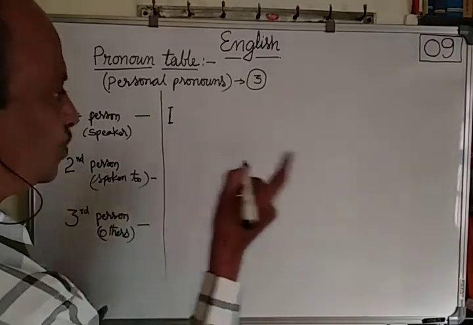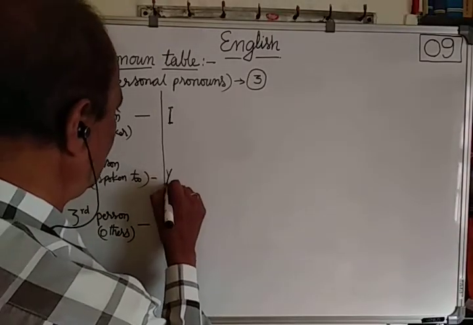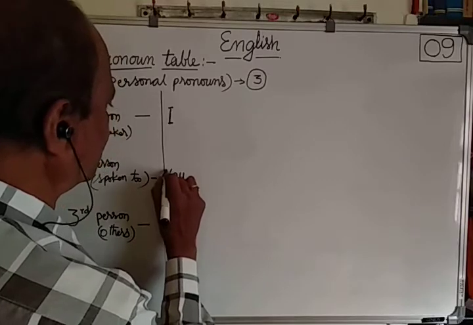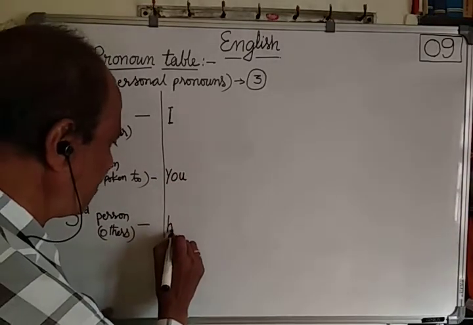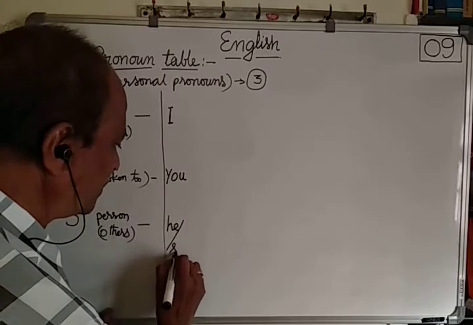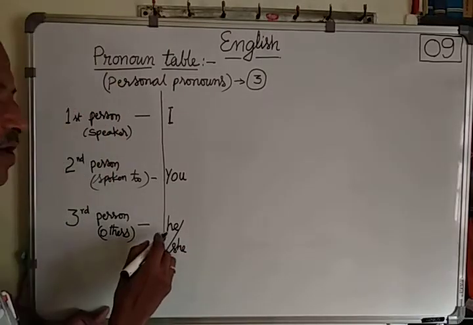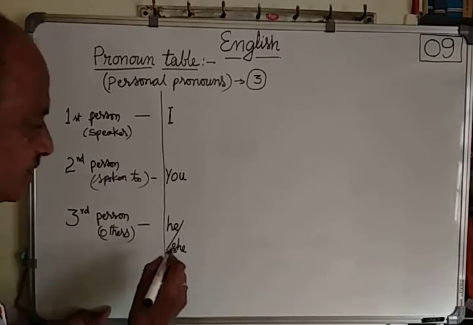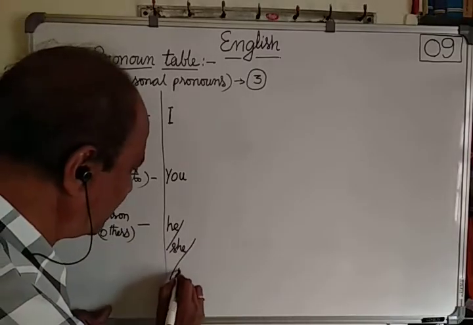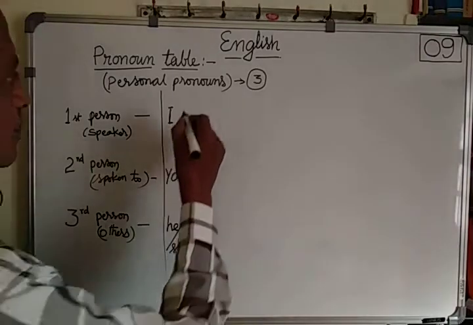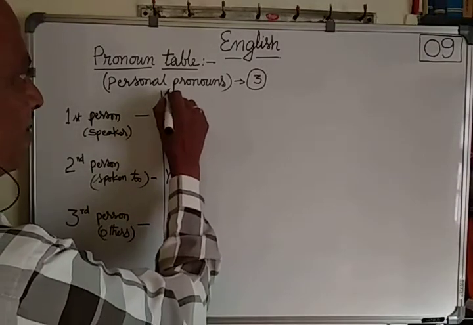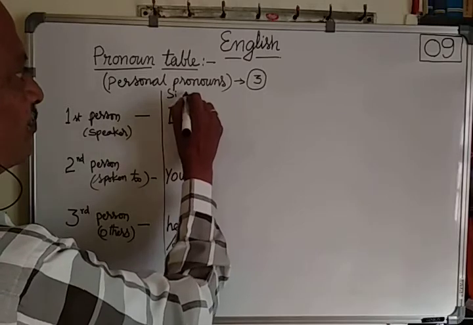It is you. Third person: he or she. He for boys, she for girls, it for animals. This is singular.